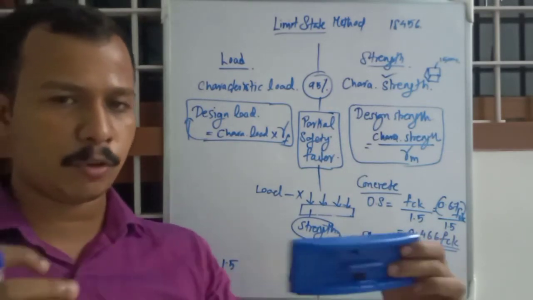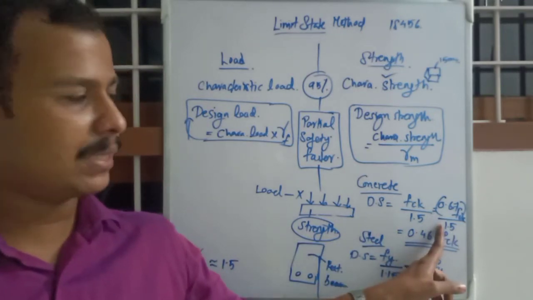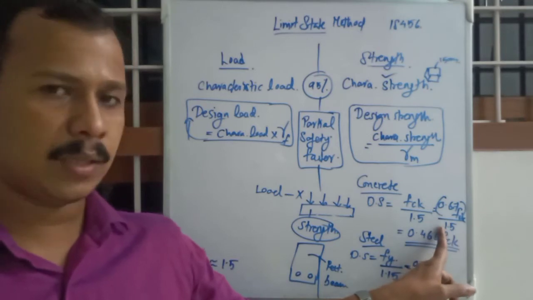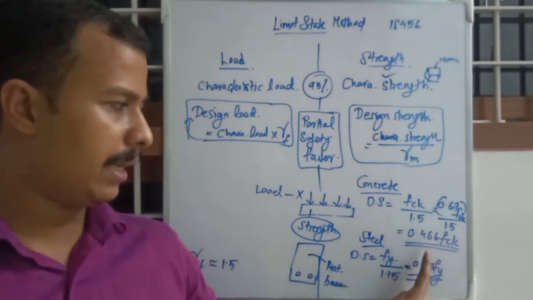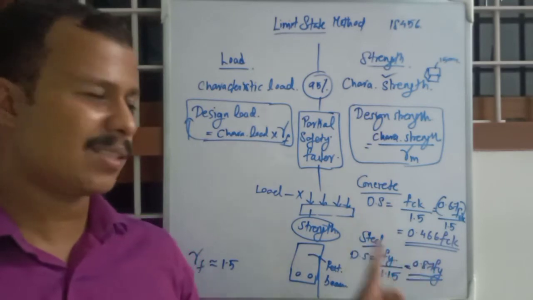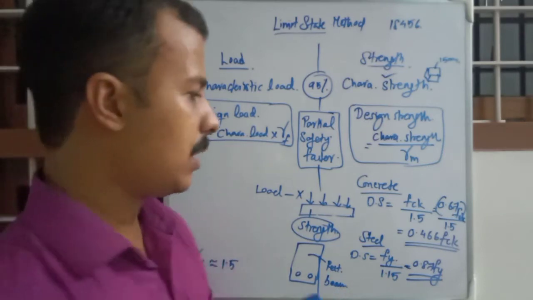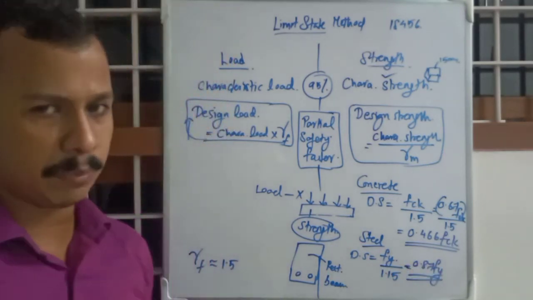It will have a number of meters of length. To compensate for that, we will again divide by 1.5, and design strength will be given as 0.466 FCK and 0.87 Fy, that's final. So these are the two values you should remember.